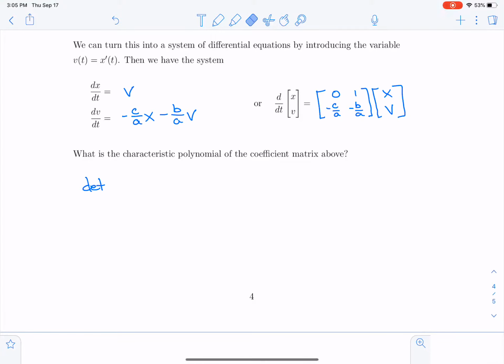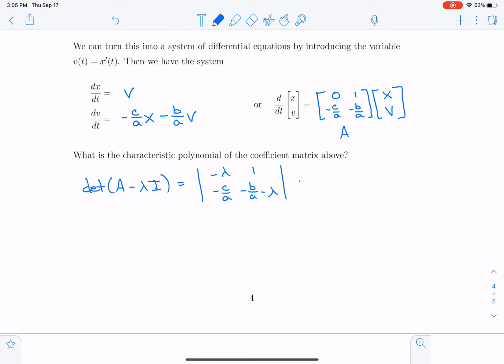Maybe I'll call that matrix A. And we're going to take the determinant of A minus lambda I. So we're going to take the determinant of the matrix [negative lambda, 1; negative C over A, negative B over A minus lambda]. So when we take the determinant, that's going to be negative lambda times negative B over A minus lambda, and then minus a negative C over A times 1.